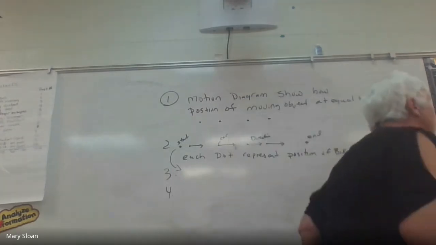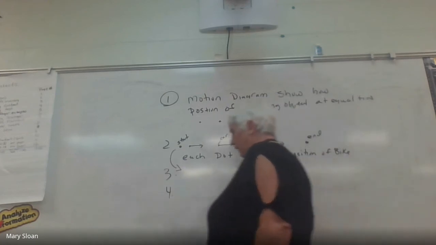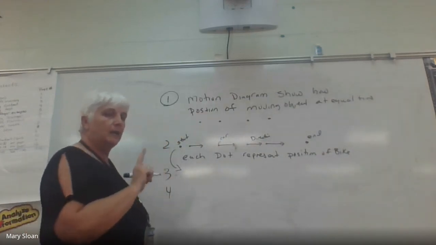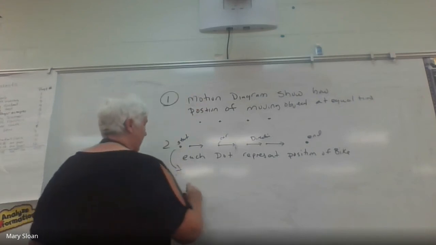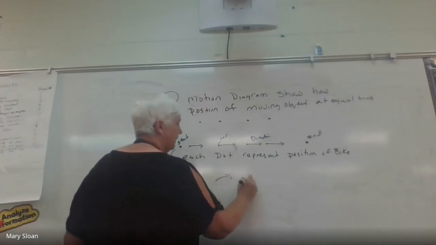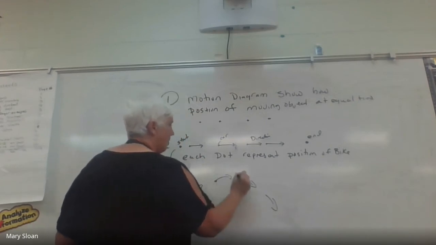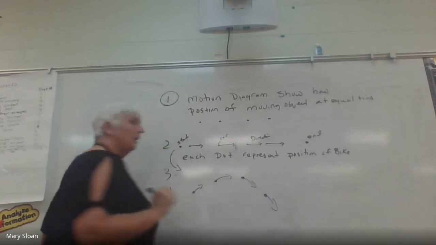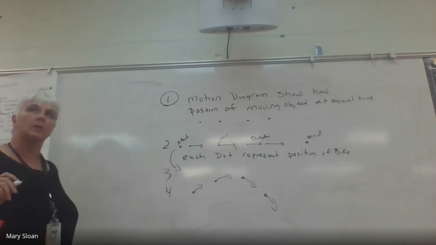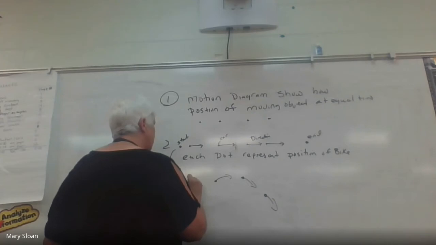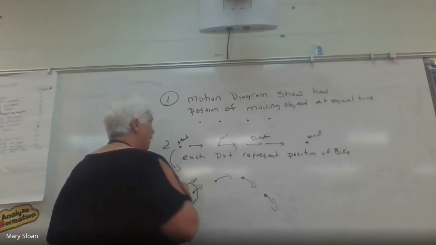So, if we were drawing a bird, what is this bird doing? He's flying kind of like this, isn't he? So if I was doing this, my motion map would look like that. Here is my bird.